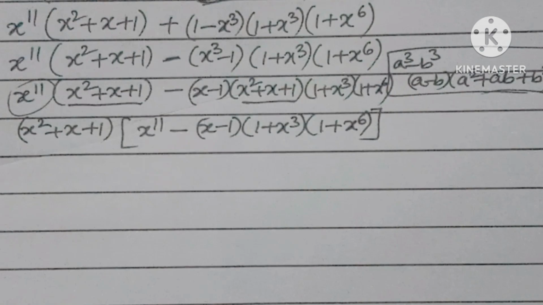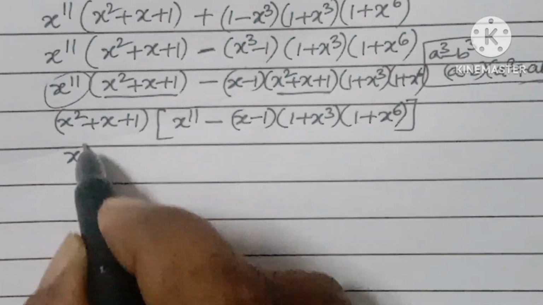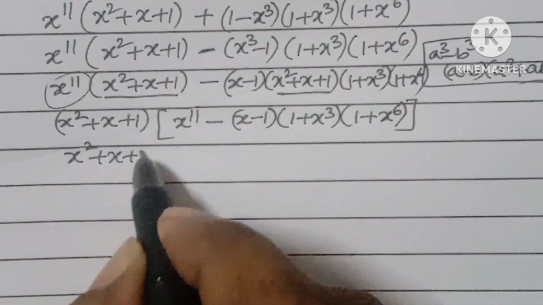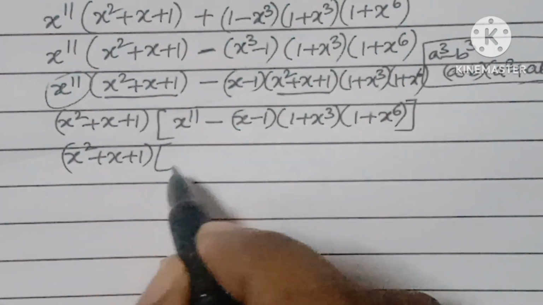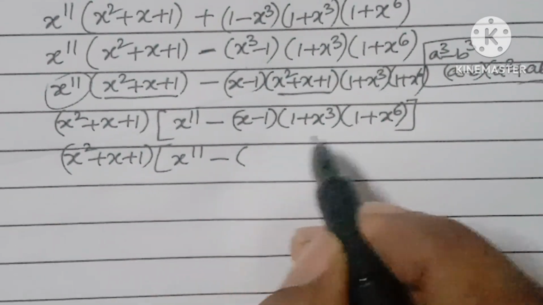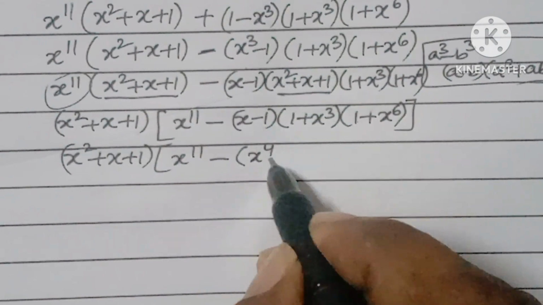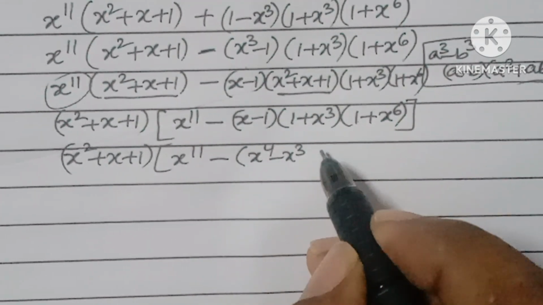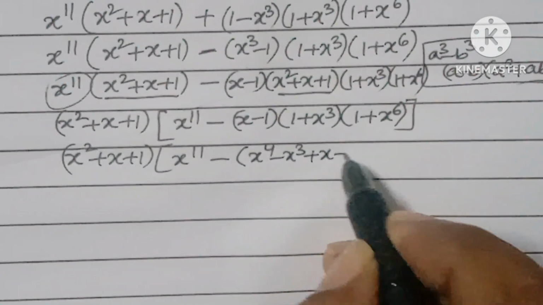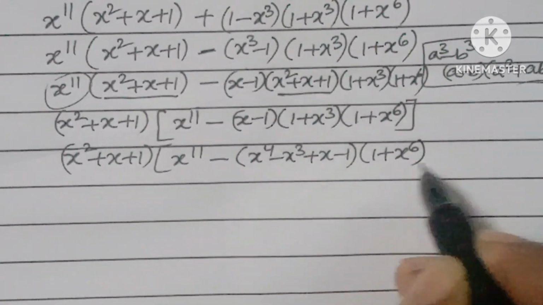So here if you multiply these values, x square plus x plus 1 into x to the power of 11 minus, if you multiply these two, x to the power of 4 minus x cube plus x minus 1, into 1 plus x power 6.